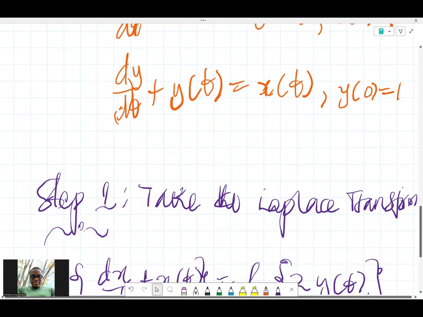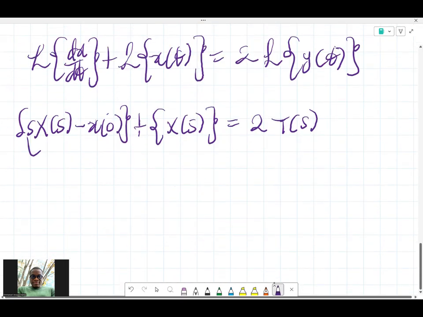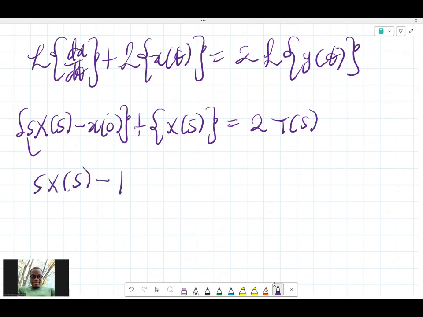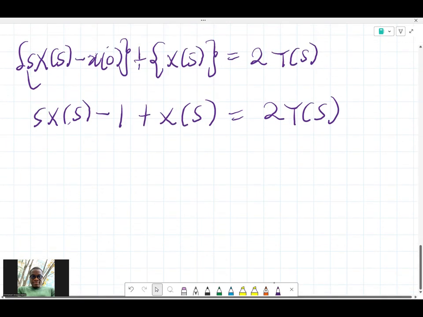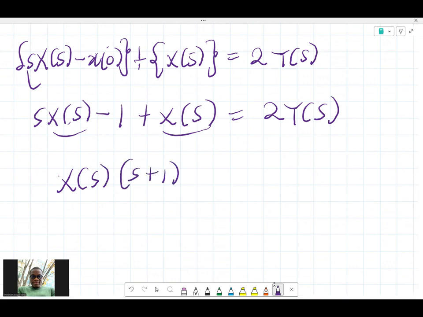So we can fix that: we have sX(s) minus 1, then plus X(s) equals 2Y(s), so that we can factorize X(s). So we have X(s) times (s plus 1), minus 1, equals 2Y(s).